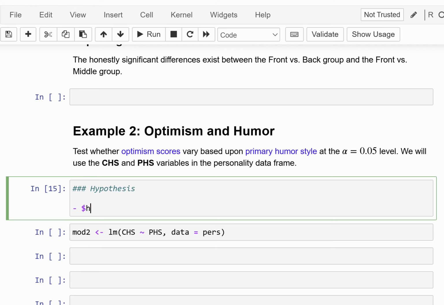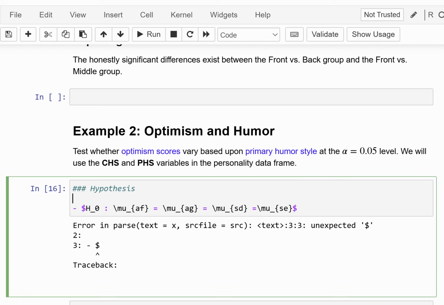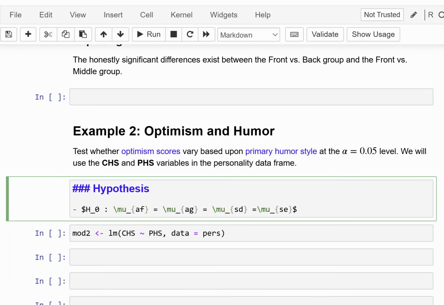Okay, so we're doing H superscript 0 colon, and now I've got mu sub, and I need to put curly brackets here. Why? Because I'm going to use 2-letter codes. That's for affiliative, sense of humor, primary sense of humor, and then mu sub aggressive, and then we're going to use mu sub SD for self-defeating, and mu sub SE for self-enhancing, and close that, and turn it to Markdown and just make sure that that's looking good.